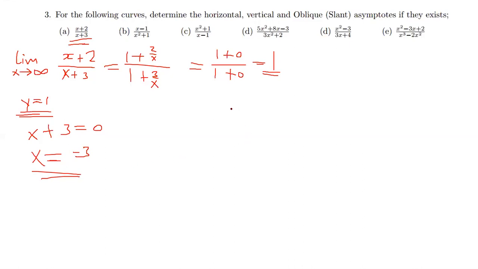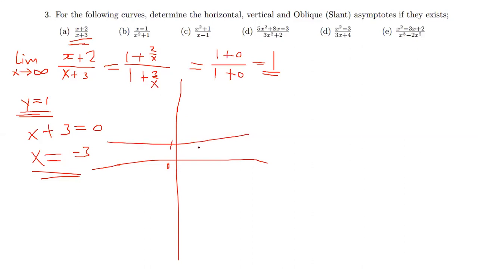So if this was to be sketched, the graph would come out like this. Our horizontal asymptote, we don't have the oblique, so we'll not draw it. Our horizontal asymptote is y is equal to 1. So this is 1.